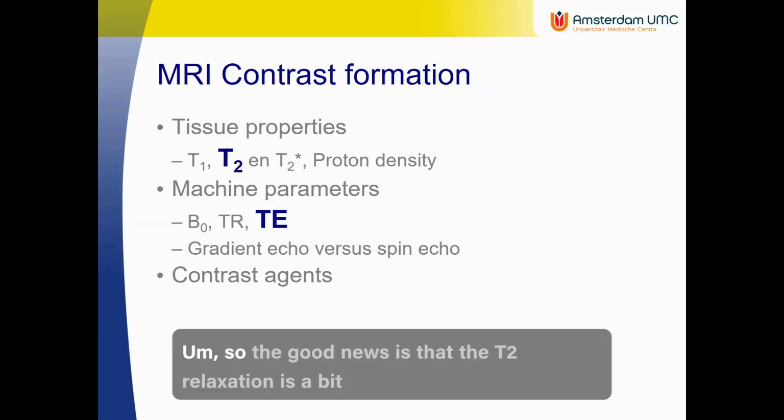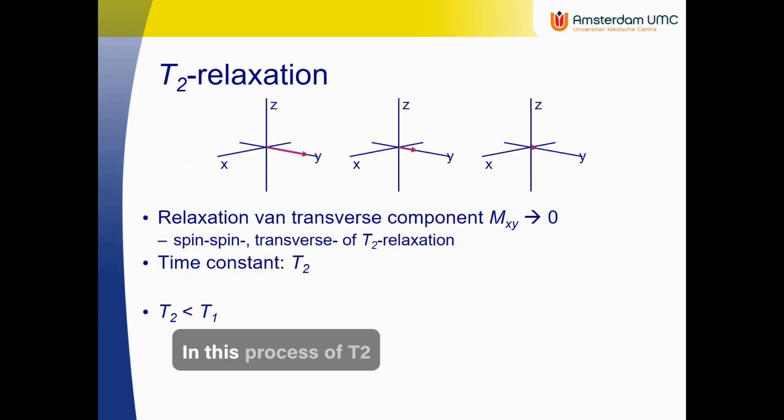Okay. The good news is that the T2 relaxation is a bit easier to understand. The most complex one is the T1. In the process of T2 relaxation, we look at the relaxation of the transverse component back to equilibrium state again.